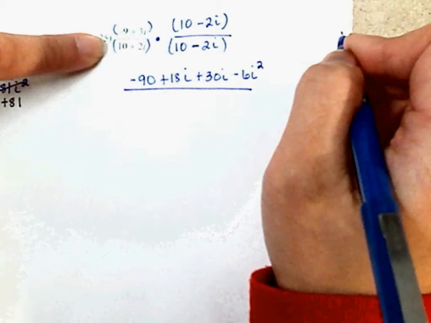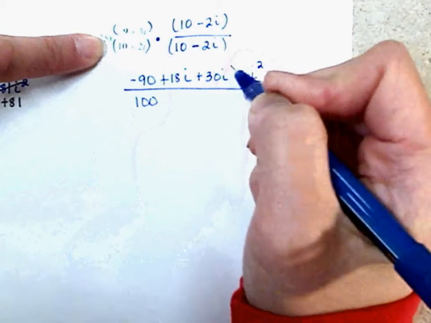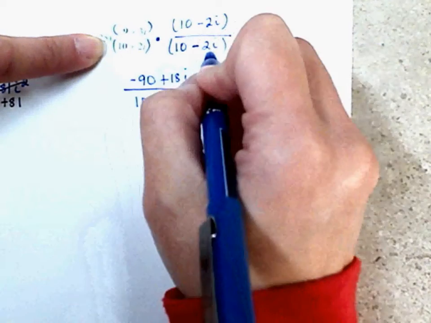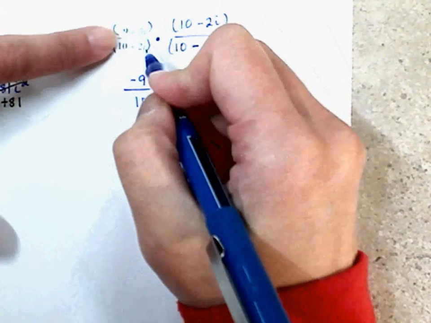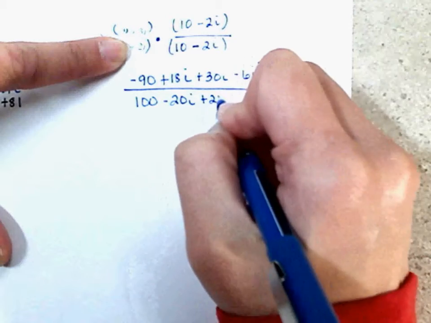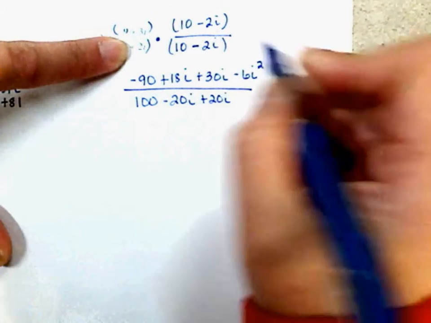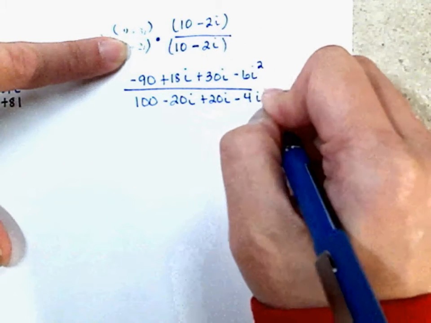Take care of your denominator. 10 times 10 is 100. 10 times negative 2i is negative 20i. Now I'm done with that. Look at this one. 2i times 10 is positive 20i. 2i times negative 2i is negative 4i squared.